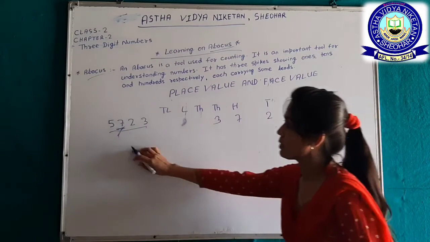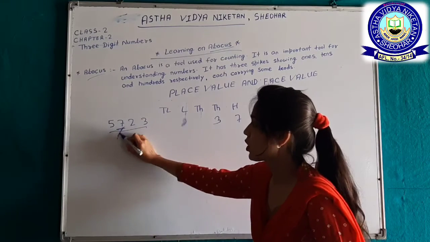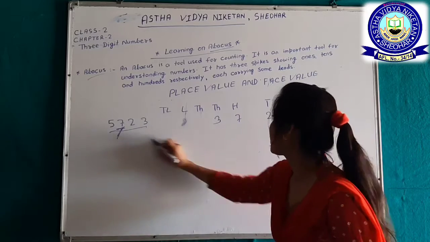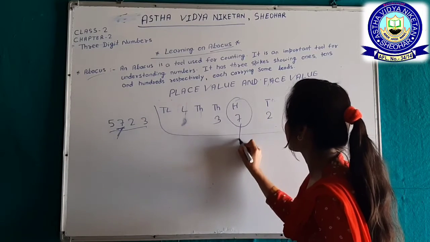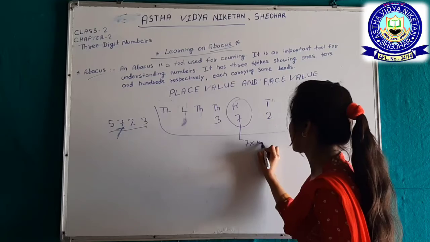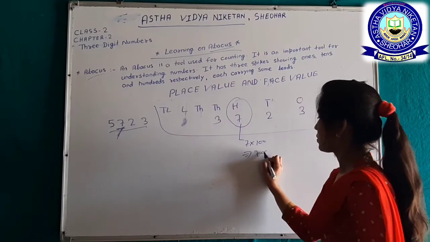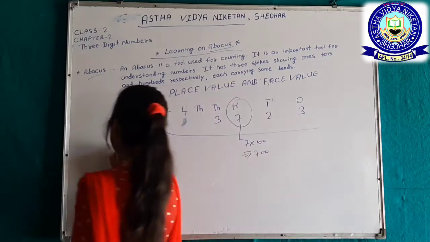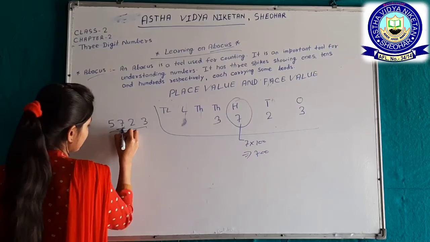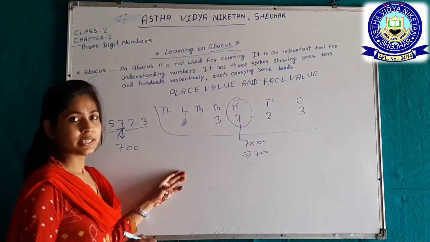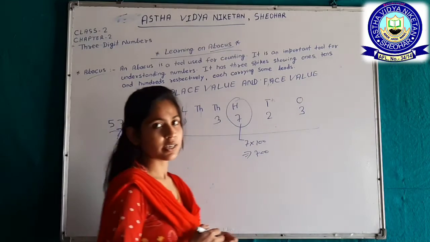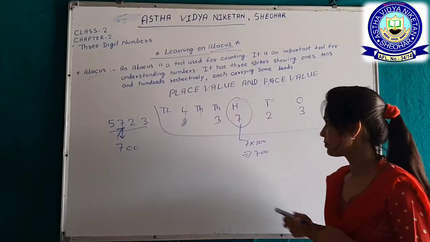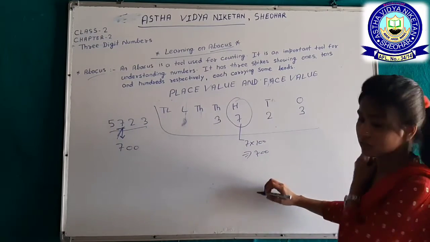The place value of 7 depends on the position of 7. The position of 7 in this table is 100. So the place value of 7 is 700. The place value of any digit depends on its position in the number. It is our place value.